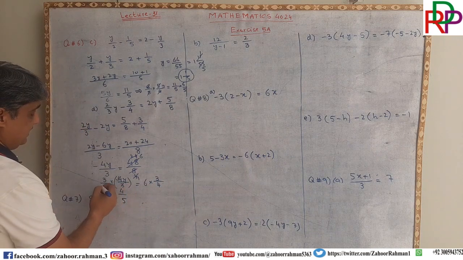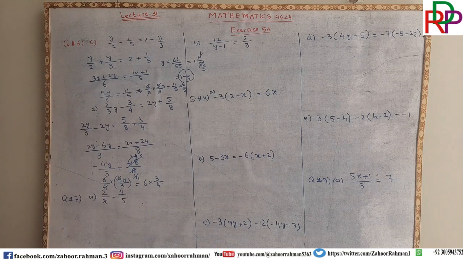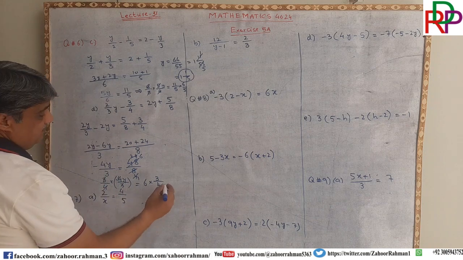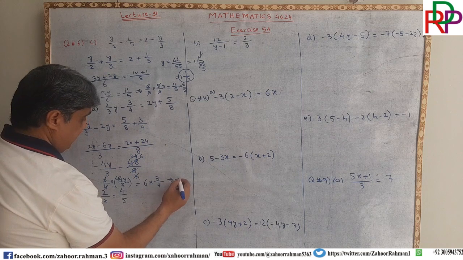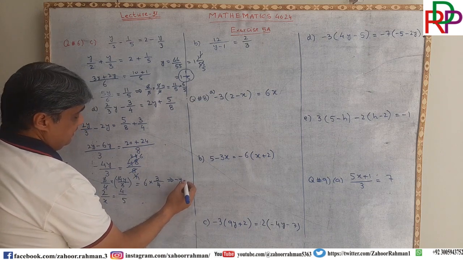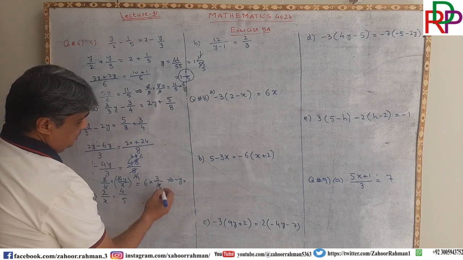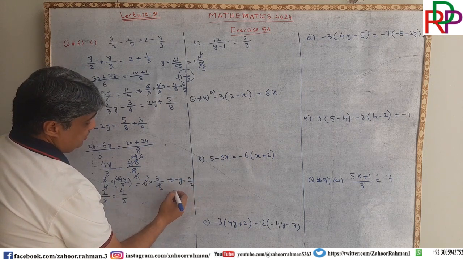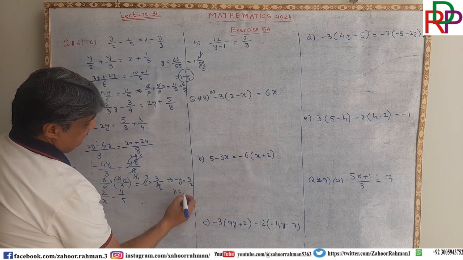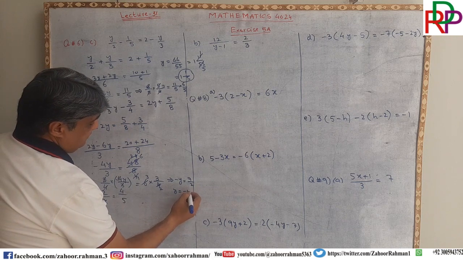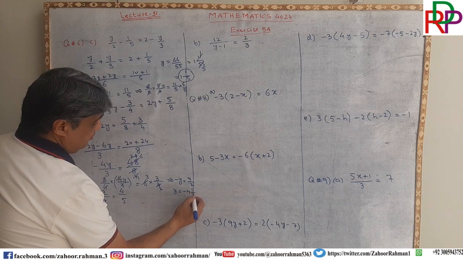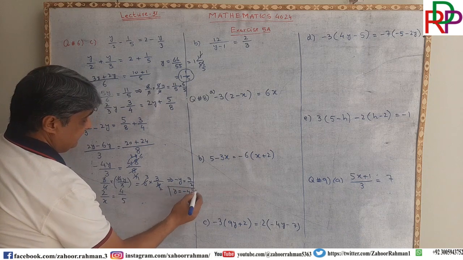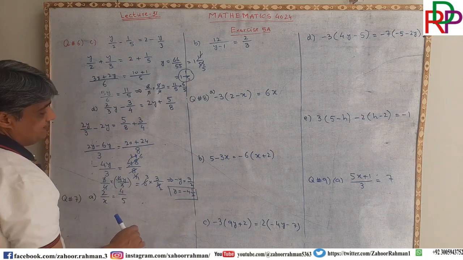So this will be cancelled with this one, and we will be left only with minus y is equal to 2 2s are 4, 2 3s are 6, 9 over 2. So y is equal to minus 4 whole 1 over 2, and that is the ultimate answer.